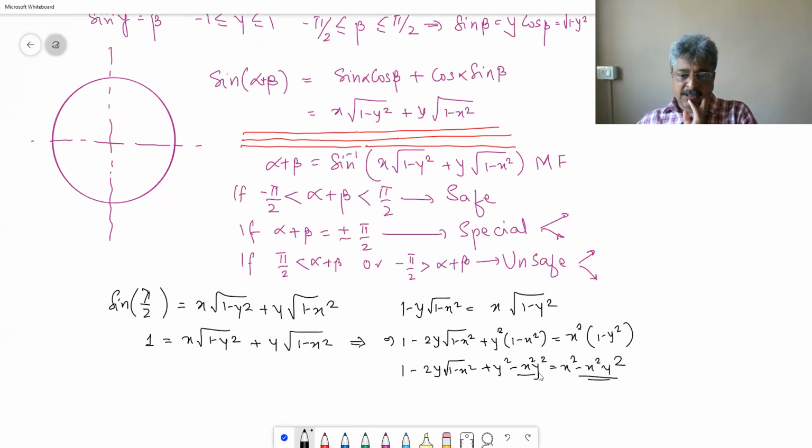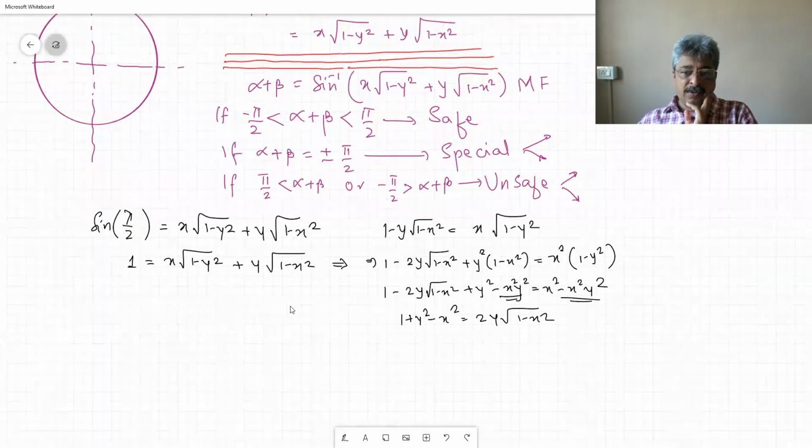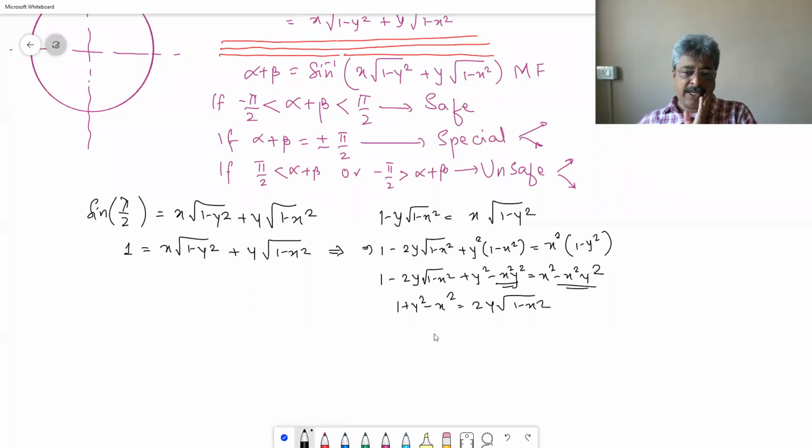This gets cancelled and therefore you get 1 plus y square minus x square is equal to 2y radical 1 minus x square. I really do not know whether I will end up getting the correct discriminating condition or not, but 1 plus y fourth plus x fourth plus 2y square.